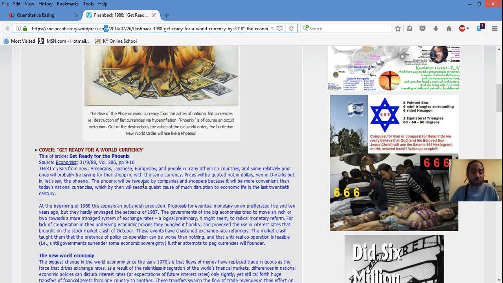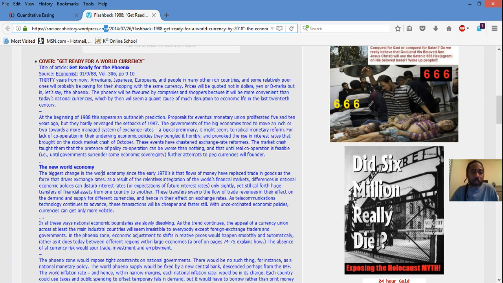The Phoenix will be favored by companies and shoppers because it will be more convenient than today's national currencies, which by then will seem a quaint cause of much disruption to economic life in the last 20th century. At the beginning of 1988, this appears an outlandish prediction.